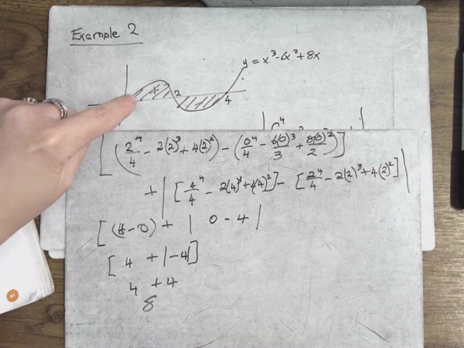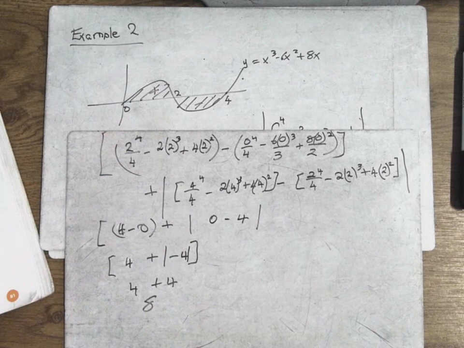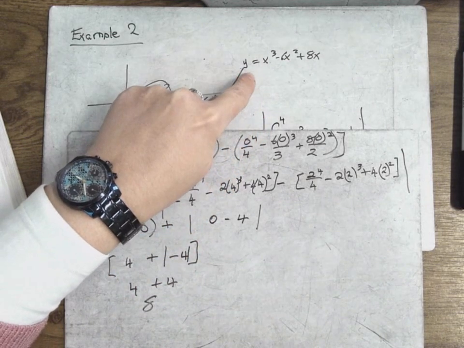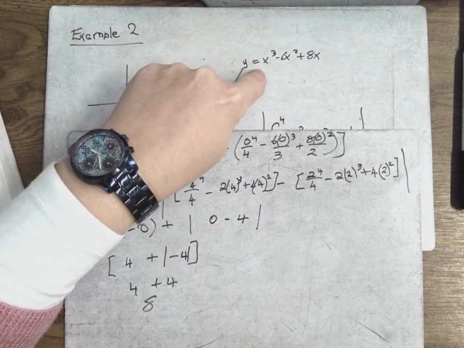Right, these ones, we're doing the area between the curve and the x-axis. They may ask you for the area between the curve and the y-axis, so I'll just talk about that now. Please note, if it's between the curve and the x-axis, it's y equals.